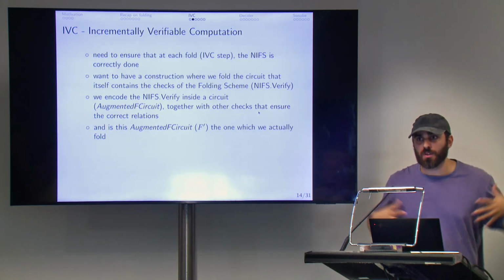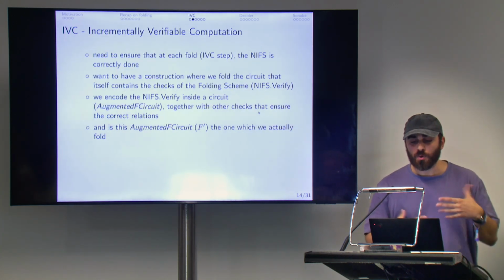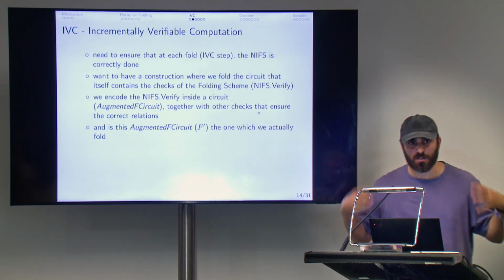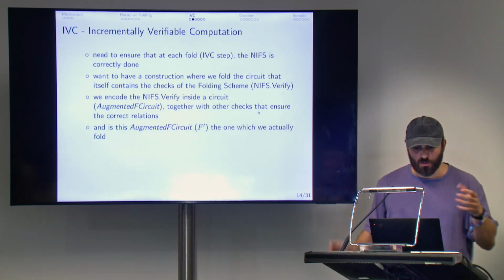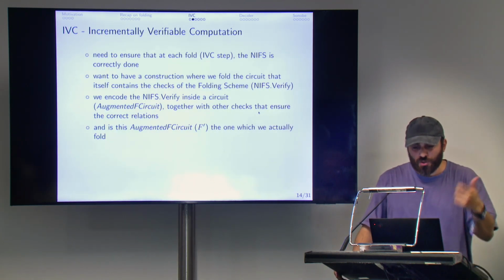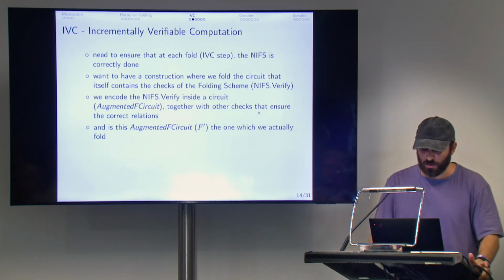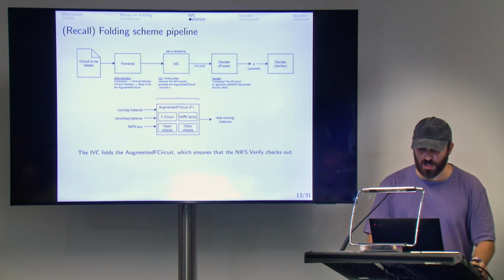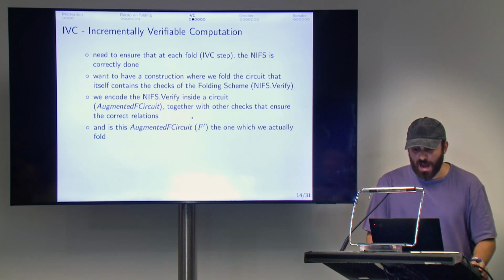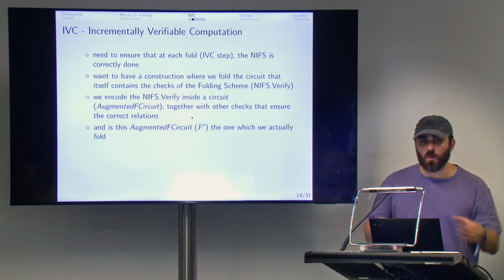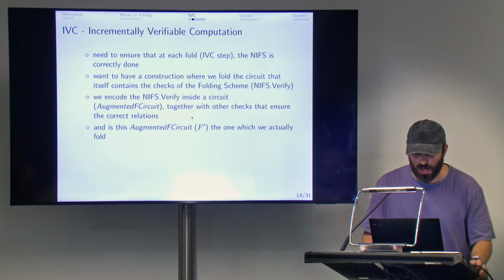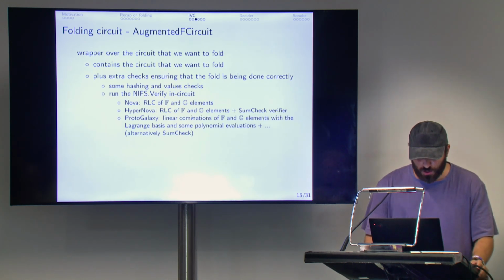How do we build up an IVC layout from just the folding scheme? We need to ensure that in each folding step the NIFS is correctly done. We do this through this NIFS verify. Also, the main idea is this, and we need to run some other hashes and so on.